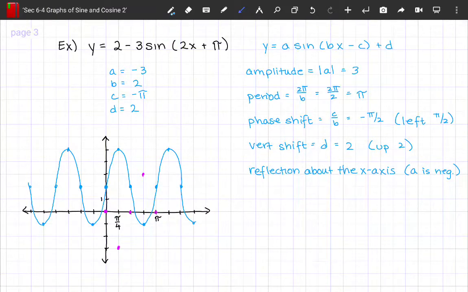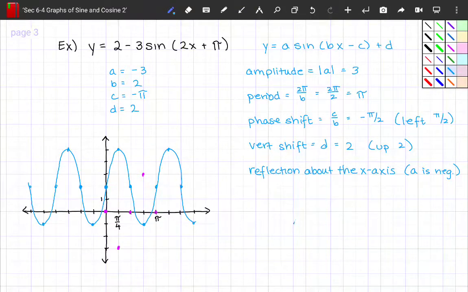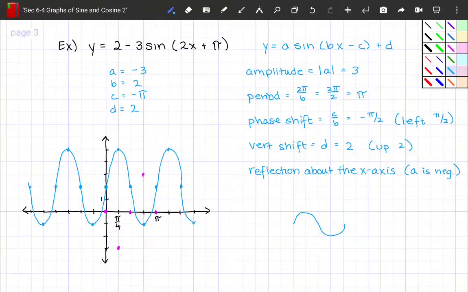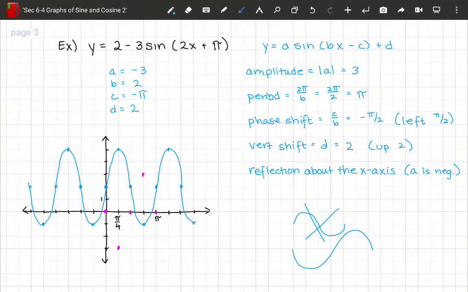Now this is a sine graph. Remember, a sine graph, one period starting at the origin looks like that. However, in this case, I do have a reflection in the x-axis. So rather than going this way, it's going to go down and then up. So when I'm plotting those initial points, I'm going to start at the origin, go down, and then back up.